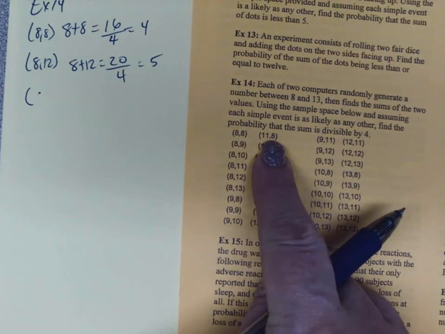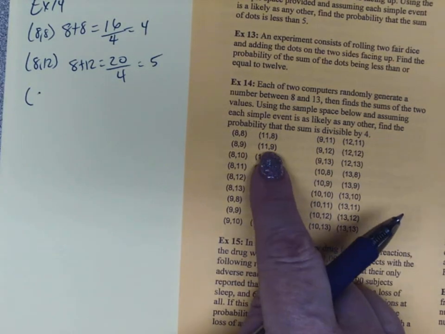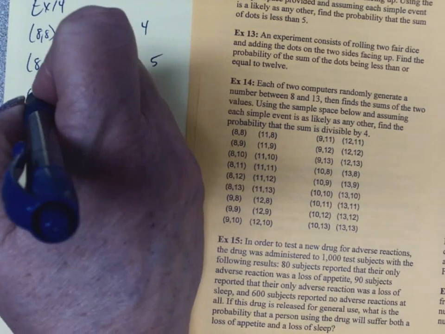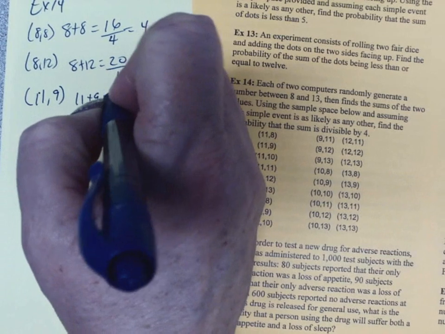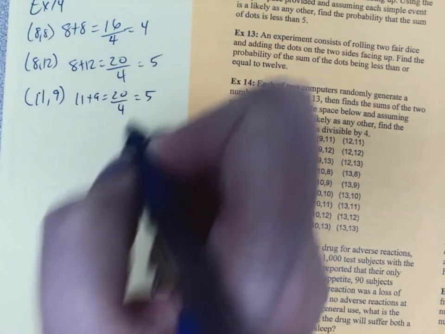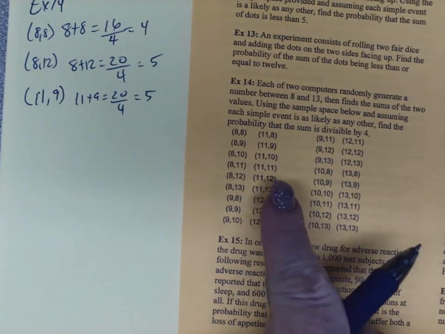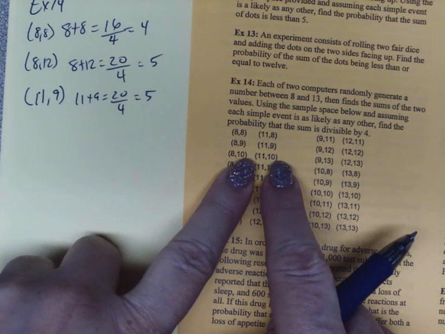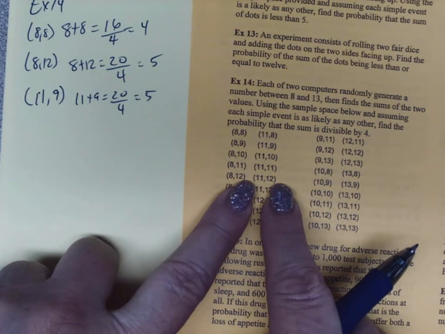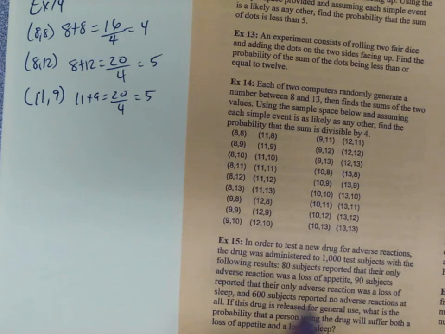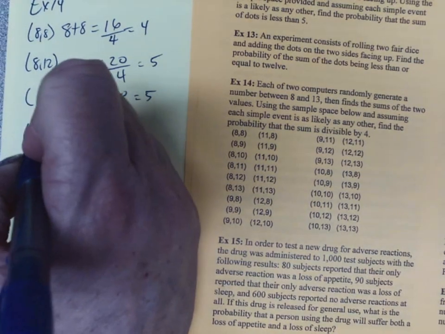All right, 11 plus 8 would get us 19. 11 plus 9 is 20. Divide by 4 will get us 5. 11 plus 10 is 21. 11 plus 11 is 22. 11 plus 12 is 23. 11 plus 13 will get us 24.